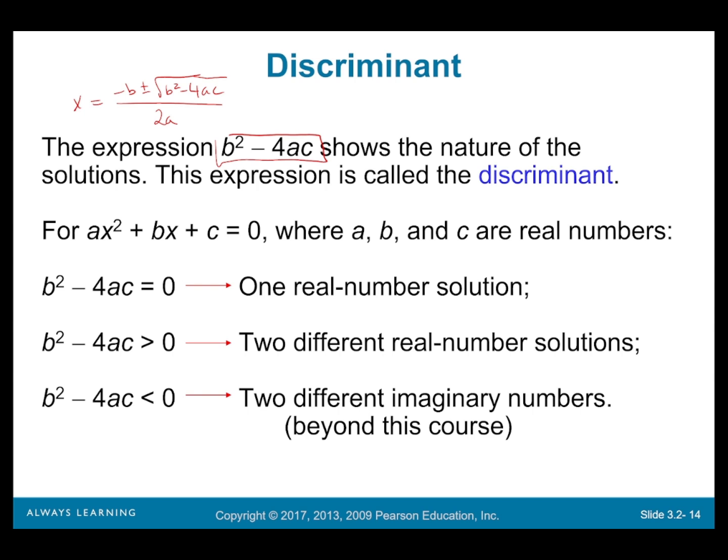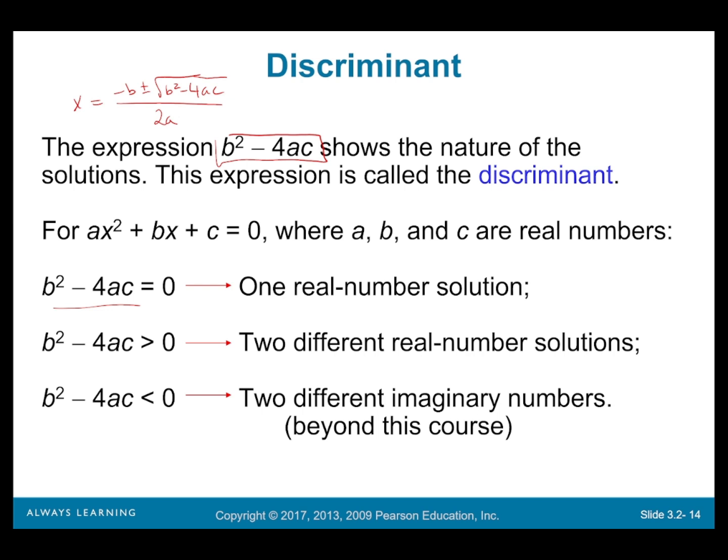See, this is actually what drives the number of solutions that we're going to have, if we're going to have any. So if b squared minus 4ac equals 0, then there's only one real number solution. So you know you're not going to have a plus or minus, because plus or minus of 0 is 0 either way. You're going to be left with your minus b over 2a term.